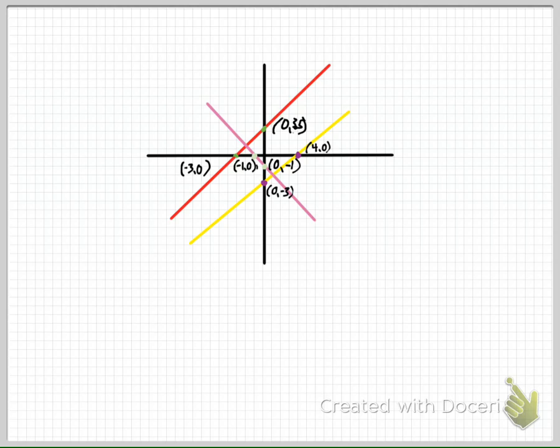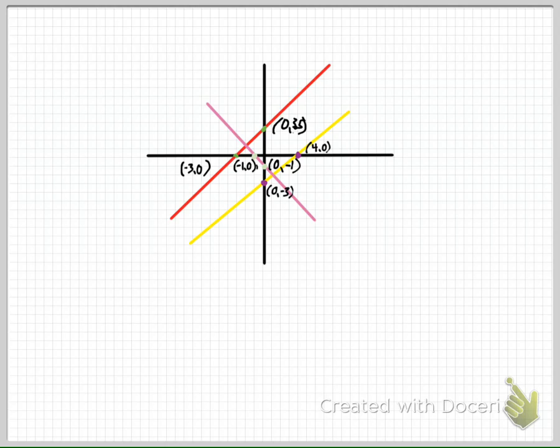If y is negative, it's that many units below the x-axis. So if y is 0, then it is on the x-axis, right? -3, 0, -1, 0, +4, 0. And 0, 0 is the origin, because that would be up or down none and left or right none, right?